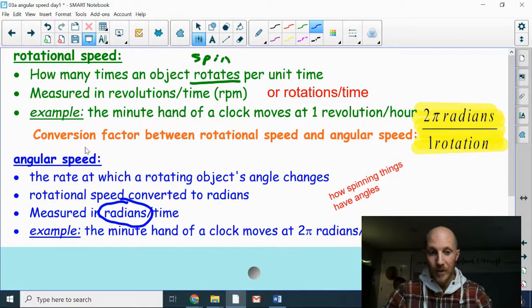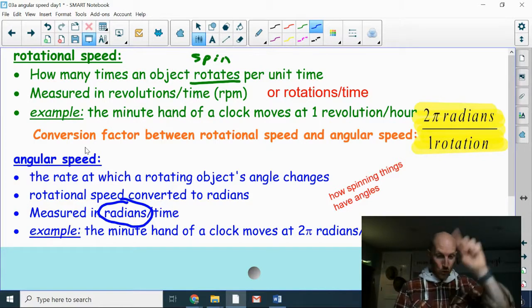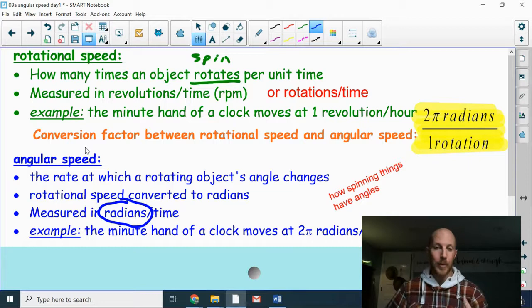So for an example, let's look at that same example we had last time. The minute hand on a clock is going to take 1 hour to go all the way around. Well, 1 cycle all the way around the clock, if we're measuring it in radians, 2 pi radians makes 1 circle. So our angular speed for the minute hand of a clock is 2 pi radians per hour.